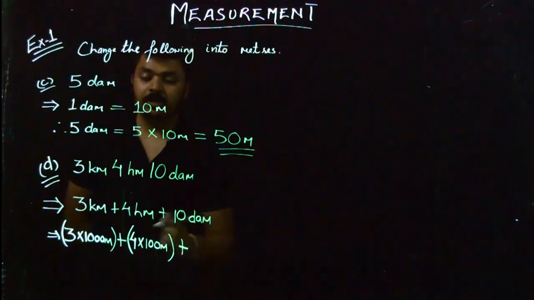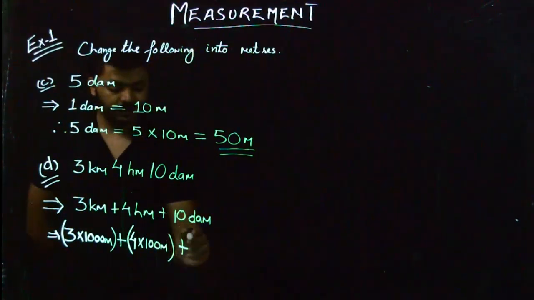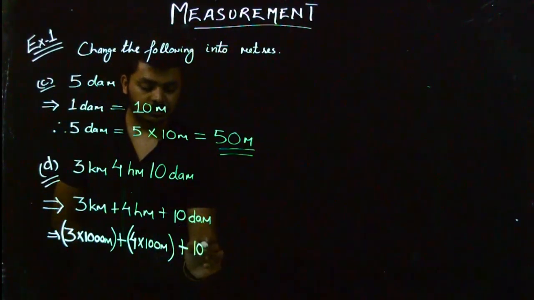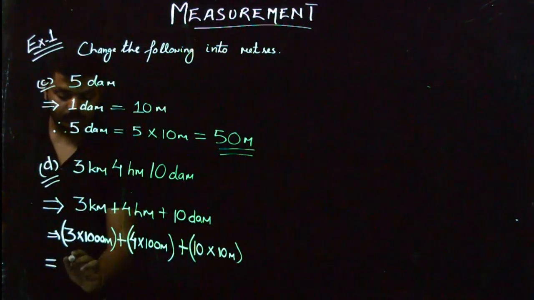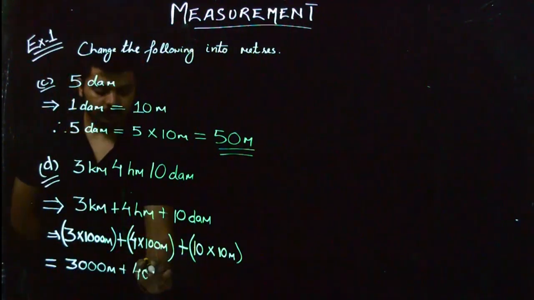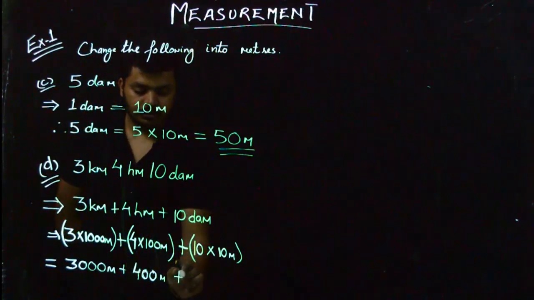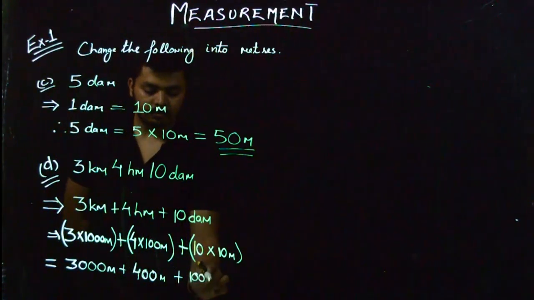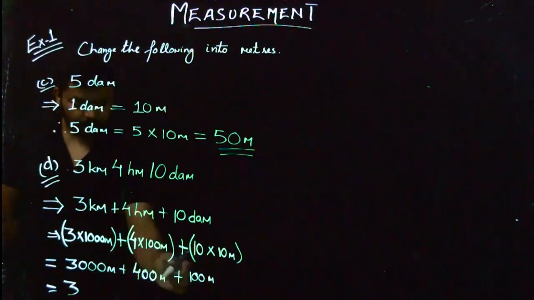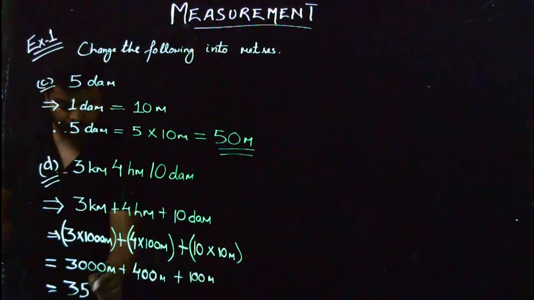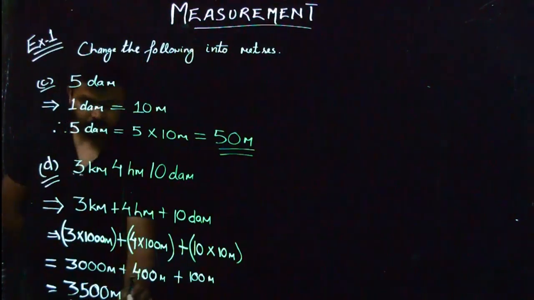Now 1 decameter is equal to 10 meters, so 10 decameter is equal to 10 multiplied by 10 meter. Now it becomes equal to 3000 meter plus 400 meter plus 100 meter. When we add, it becomes equal to 3500 meter.